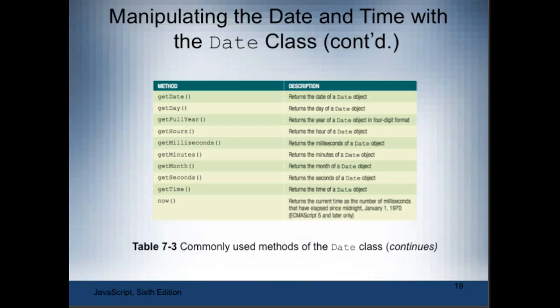The getMilliseconds method returns the milliseconds. The getMinutes method returns the minutes. The getMonth method returns the month. The getSeconds method returns the seconds. The getTime method returns the time. And the now method returns the current time as the number of milliseconds that have elapsed since midnight, January 1st, 1970.